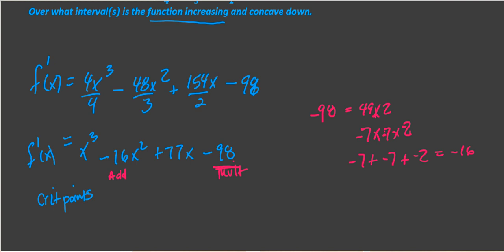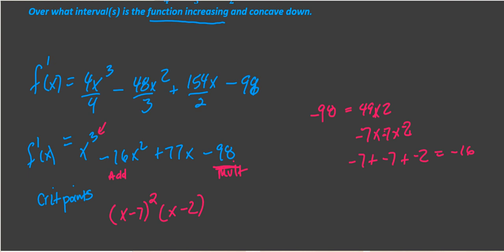Because there are two negative 7s, I would write this as x minus 7 squared times x minus 2. The reason I knew I needed 3 of these terms is because my exponent here is a cube. So that means I needed 3 binomials to make sure that I factored it out totally.